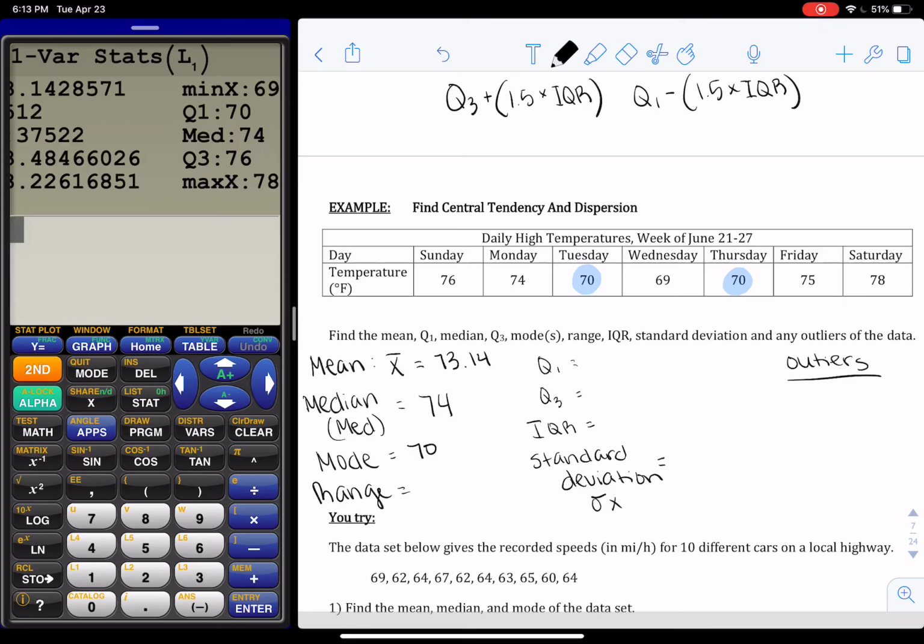Then the range, that's your biggest number minus your smallest number. Now you can look at your data and say, okay, I can see that my biggest number is 78 and the smallest one is 69. But let's say you had a lot of data that you entered. It does show you on the calculator which one was your max and your min.